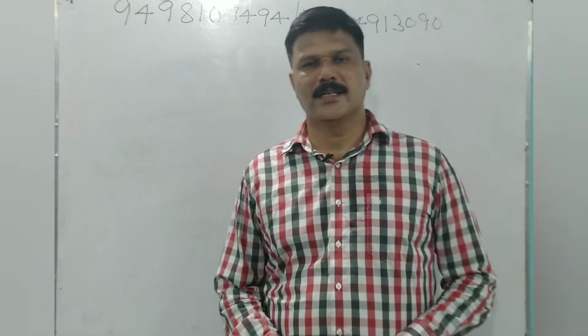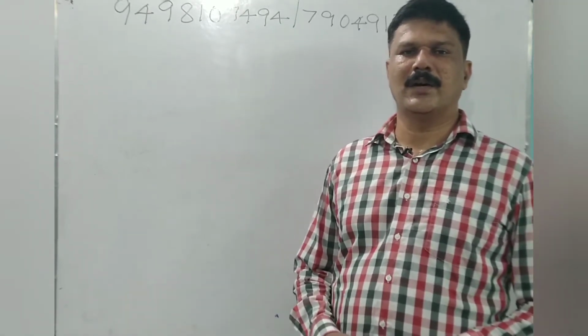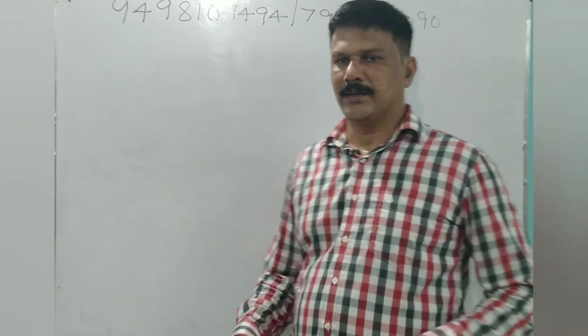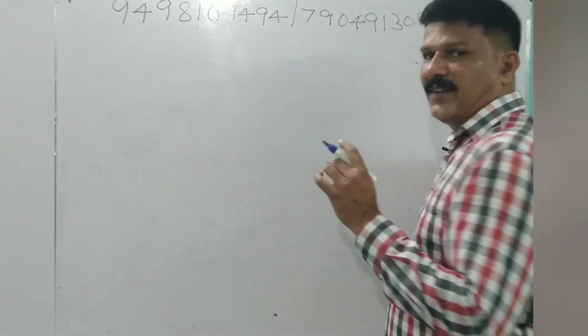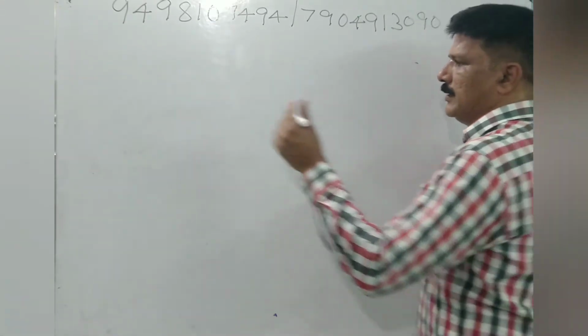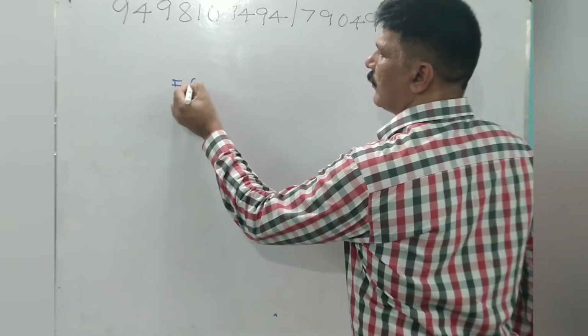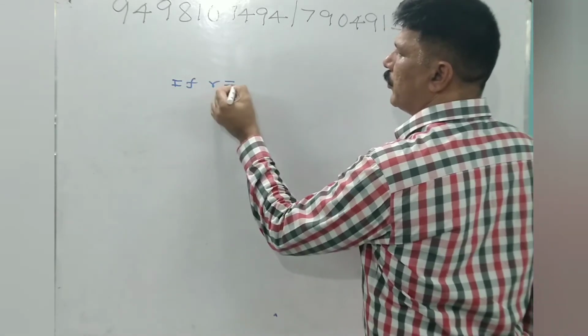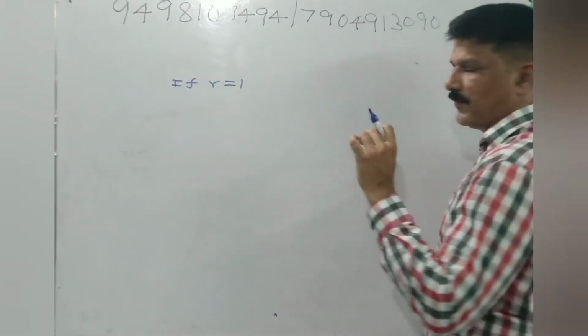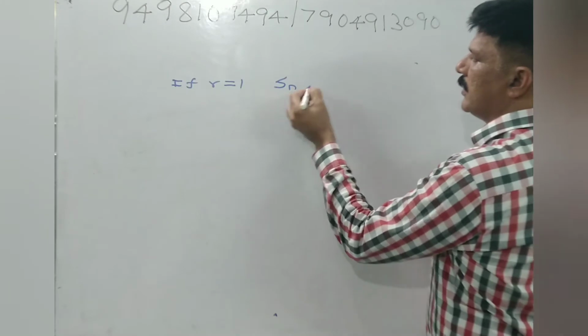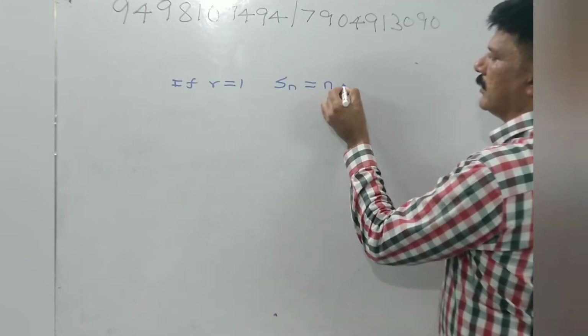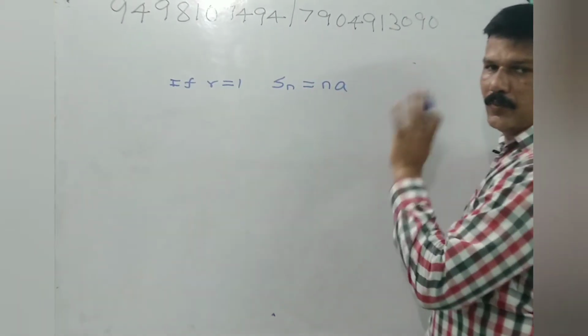Now let us see sum of n terms of a GP. There are three formulas. The first one: if r equal to 1, then sum of n terms Sn equal to na. Here r equal to 1.